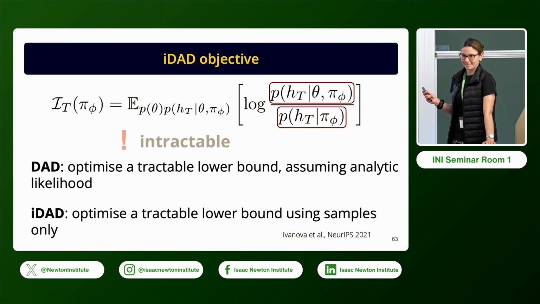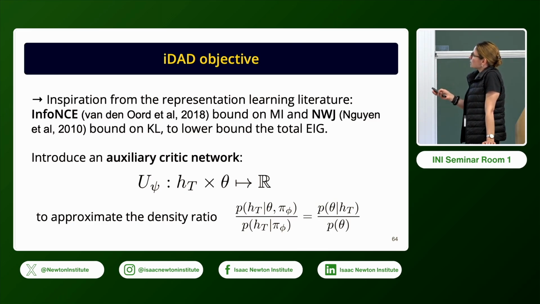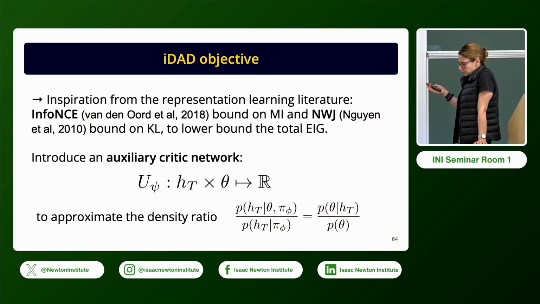Is that okay? Great. So just a very quick note on what the iDAD objective is, for the optimization of the EIG based on samples only. So we're only relying on samples from our simulator.